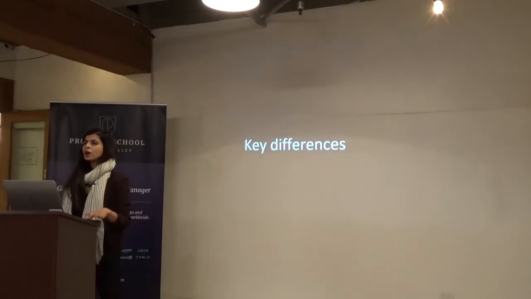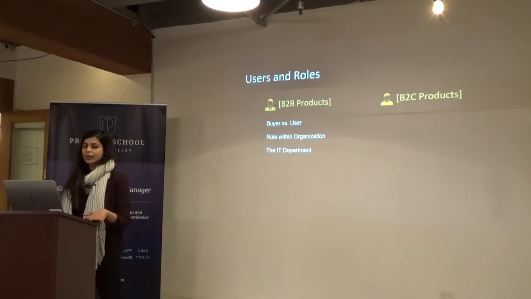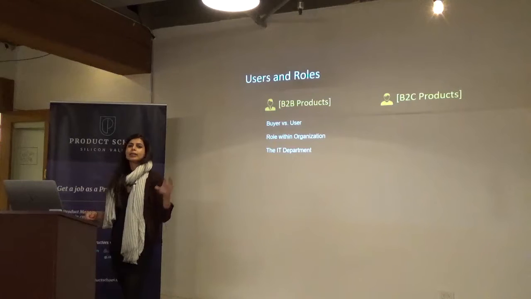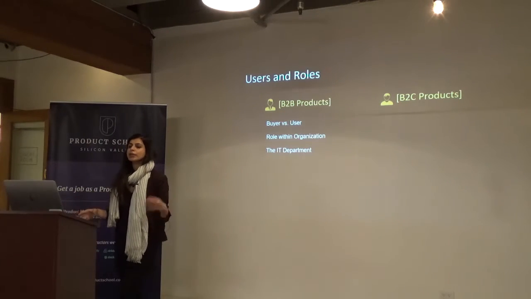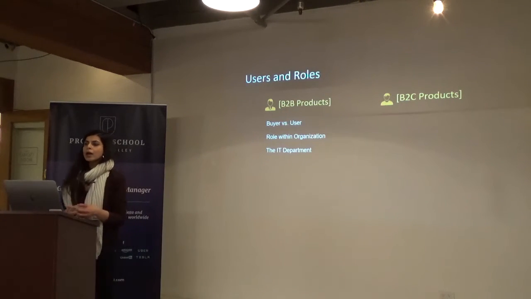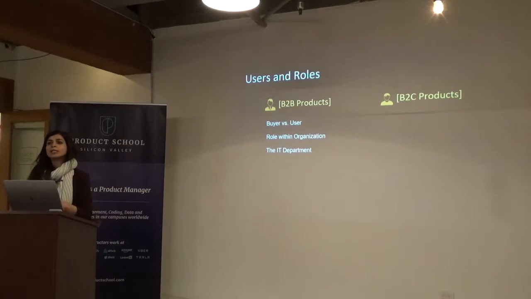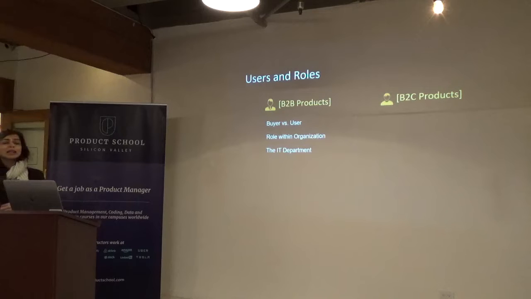So let's talk about some of the key differences here, right? How are they different from each other? And when you're a product manager in each of these segments, how do you think about, for example, your users and their role? One of the biggest differences that I noticed when I was working at Expedia and even Microsoft on a B2B product is that your user is actually not the one that buys the software, right?